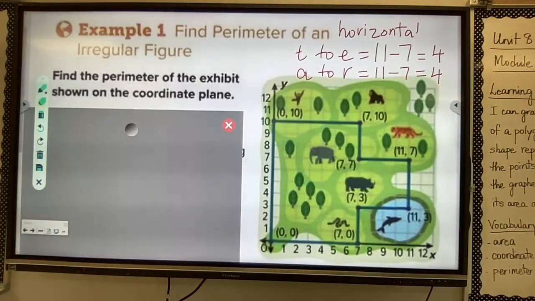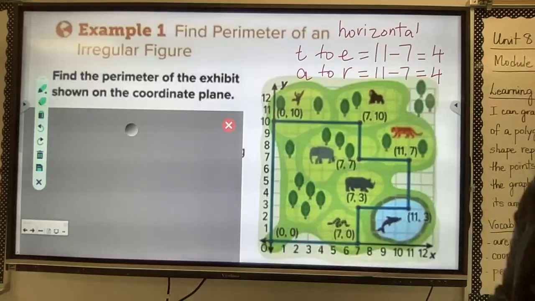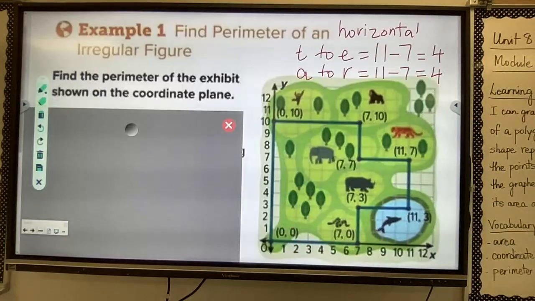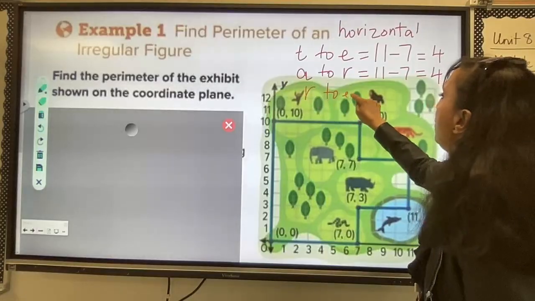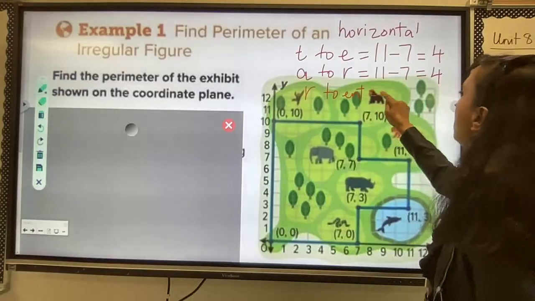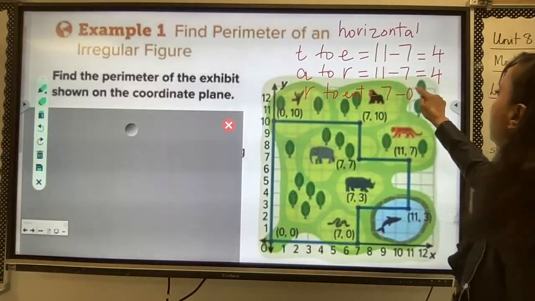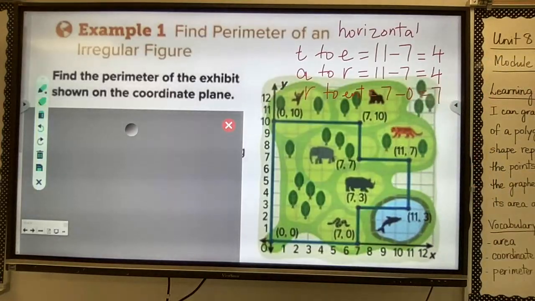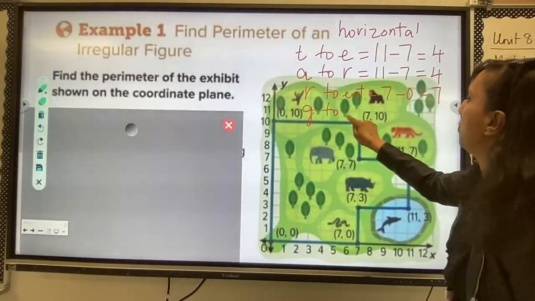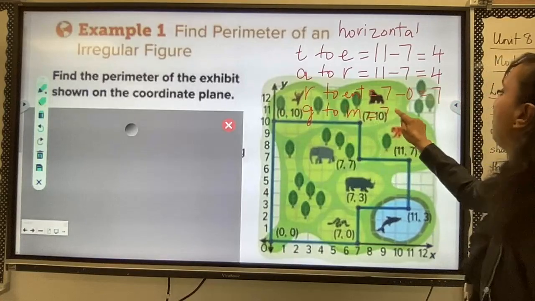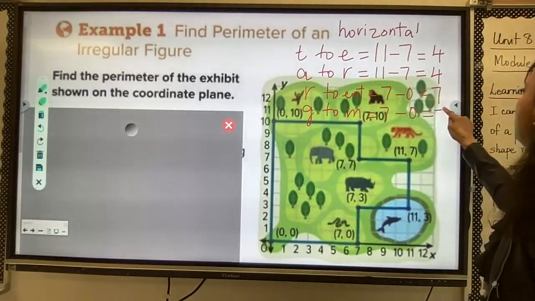Then reptiles to entrance is 7 minus 0, which gives me 7. And then gorillas to monkeys is 7 minus 0, which gives me 7.